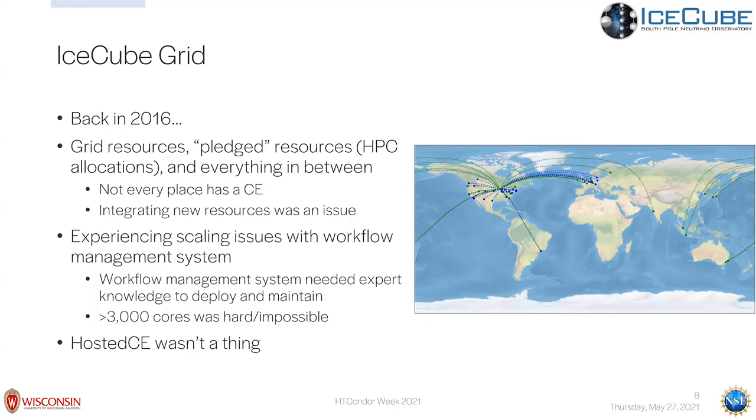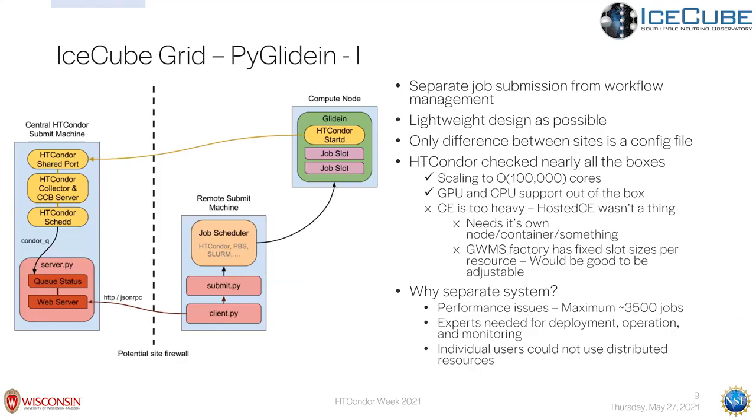So what we came up with is something that we call Highglyden, which is based on the grid technology developed at CHTC. Basically, we took the idea that HTCondor is very, very good at scaling. We knew it could scale over 100,000 cores. There was GPU and CPU support out of the box, so we could use heterogeneous requirements.